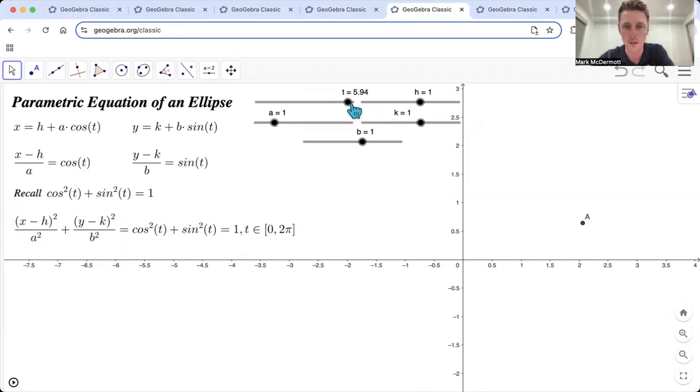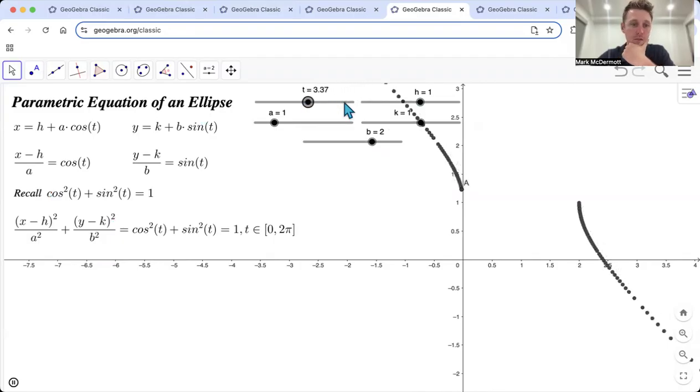Okay, so let's leave h and k to be 1, but let's make a and b different. Let's make b 2. And so if we play t now, we should get an ellipse. And I've made an error.